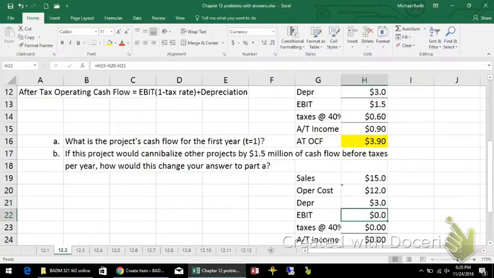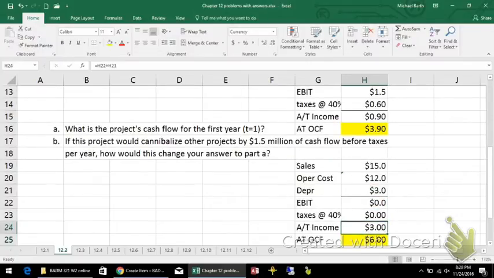So that takes my EBIT to 0. Taxes at 40% would be 0. So my after-tax operating cash flow would be 0 plus add back the depreciation. Oops, got ahead of myself: the after-tax income would be 0.